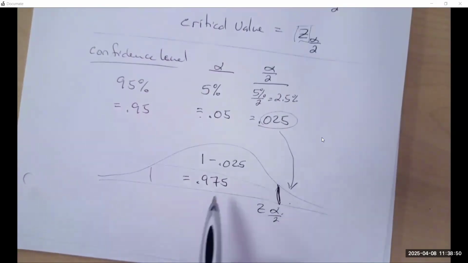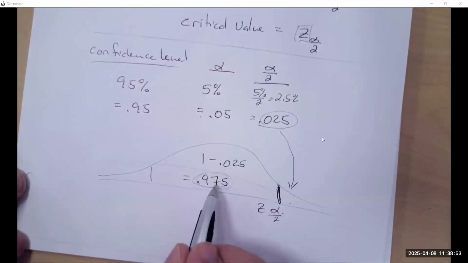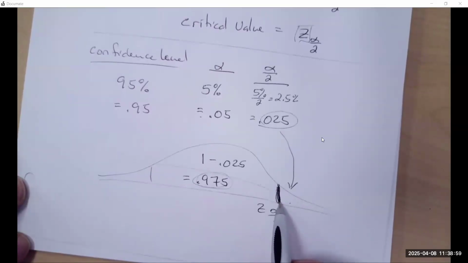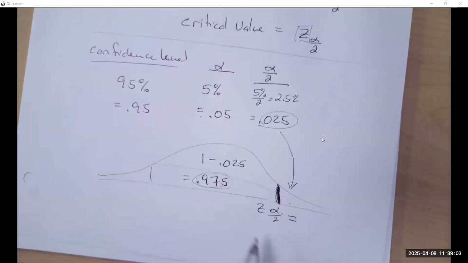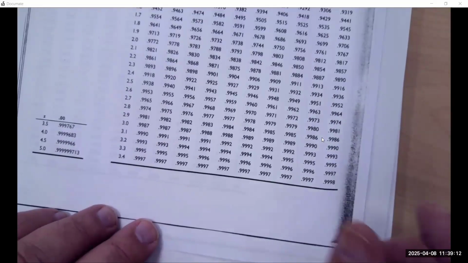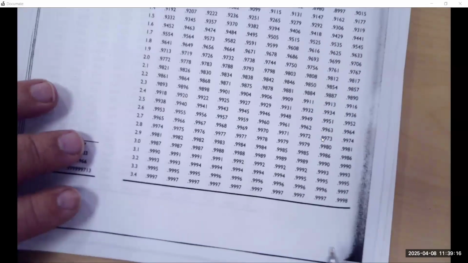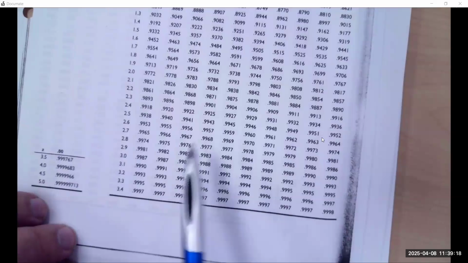What do we use this for? Now, what does this tell us? This is the area to the left of this line. We're trying to find the z-value. We know the area. How do we find the z-value? Look in our chart. Look for the number that comes closest to 0.975 inside the chart. Oh, there it is.